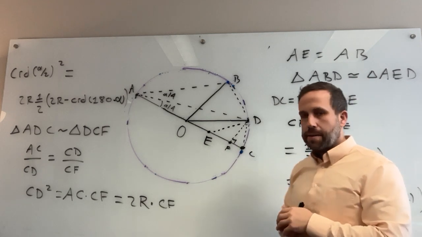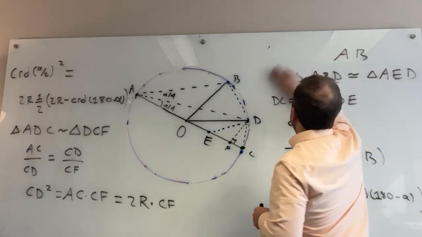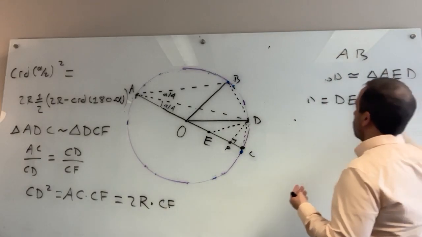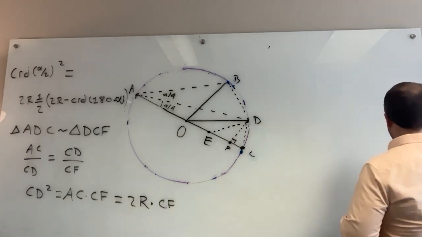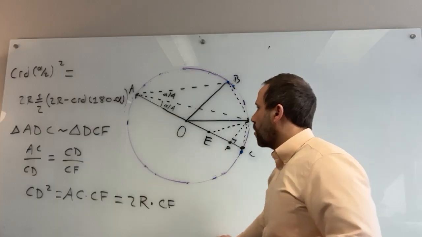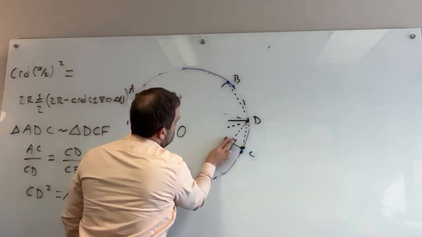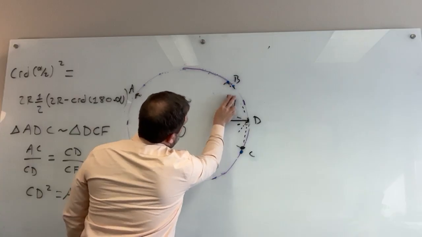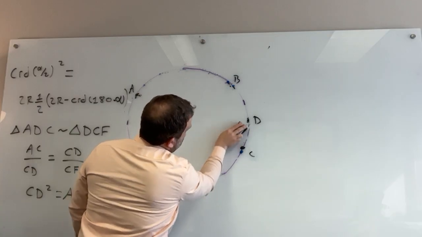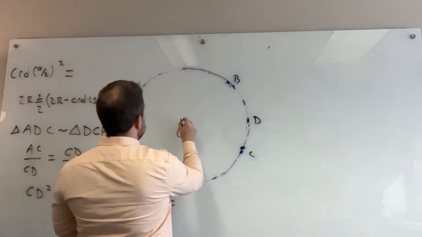Okay, so let's think about this. Let's see if we can compute chord 60. The reason I said 60 is because I know that we can compute chord 60. But let's see, is there an angle that we can compute the chord of? I'm going to erase all of this now. Okay. So again, this is roughly the center.